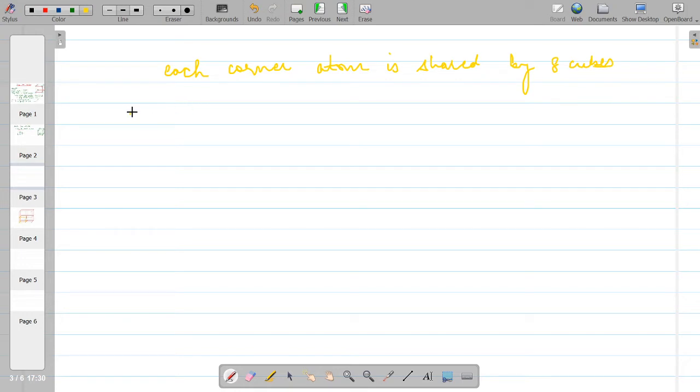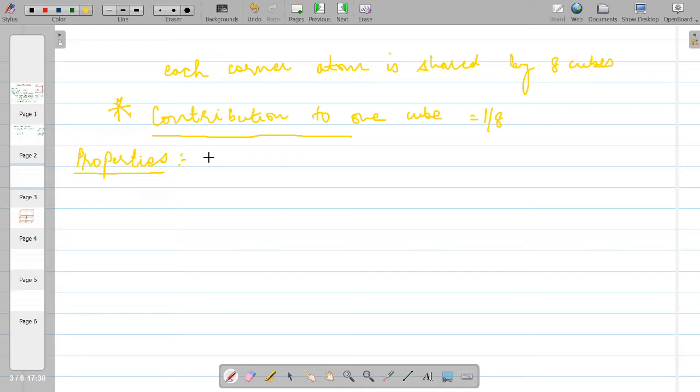So the contribution to one cube is 1 by 8. This is the most important thing that you should know in order to study the characteristics, or the properties, of the simple cubic structure. If you know this, then we can study all the properties of the simple cubic structure. So let's proceed to the properties of the simple cubic structure.